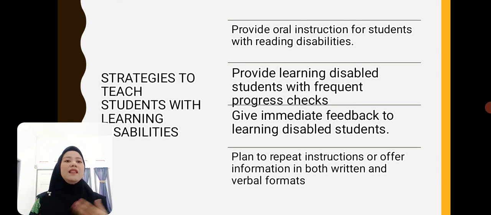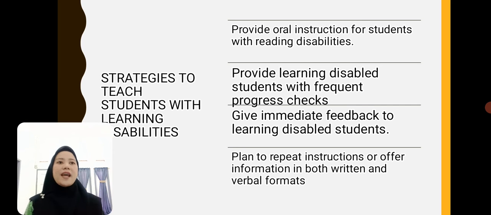Students with reading disabilities have some difficulty in reading, as we know. So, present tests and reading materials in an oral format, so the assessment is not influenced by lack of reading ability. And the second strategy is provide learning disabled students with frequent progress checks.